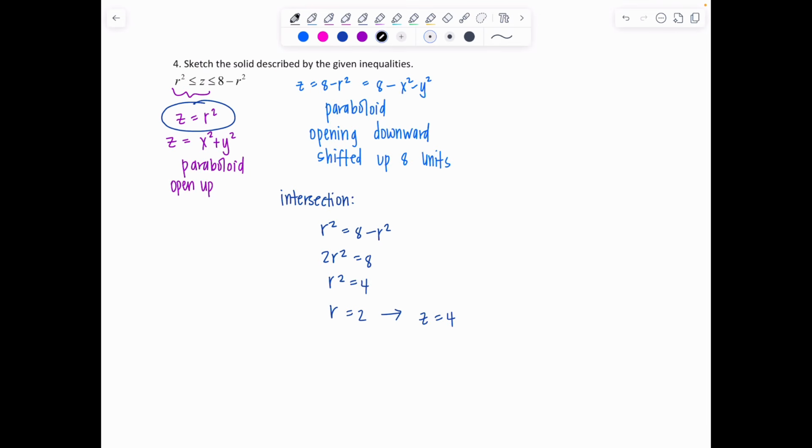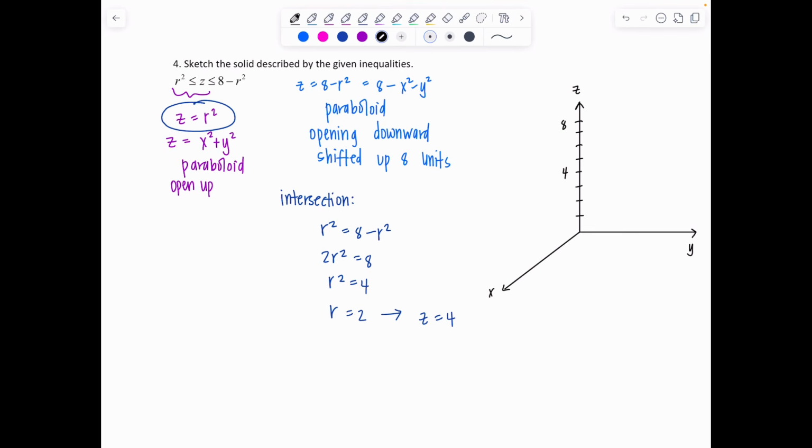I think we're ready to put a nice, gorgeous picture together. Do you feel ready? We remember what paraboloids look like. One's opening up, one's opening down, and they're going to intersect when z is 4. But let me go all the way up to 8, right? Because one of them has been shifted up 8 units, 5, 6, 7, 8. I'm not counting you down to a dance routine, but I mean, we could do that later.